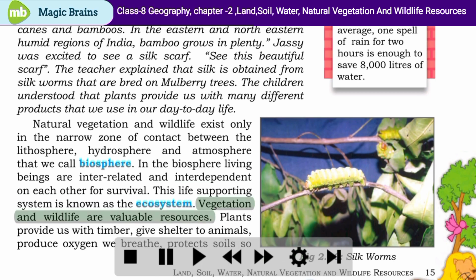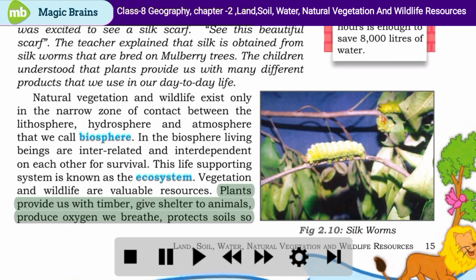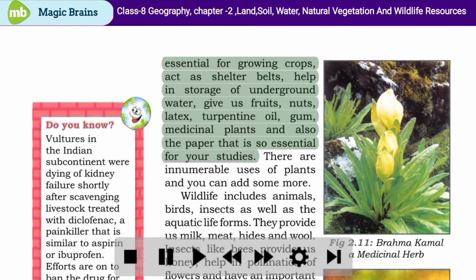Vegetation and wildlife are valuable resources. Plants provide us with timber, give shelter to animals, produce oxygen we breathe, protect soils so essential for growing crops, act as shelter belts, help in storage of underground water, give us fruits, nuts, latex, turpentine oil, gum, medicinal plants, and also the paper that is so essential for your studies.